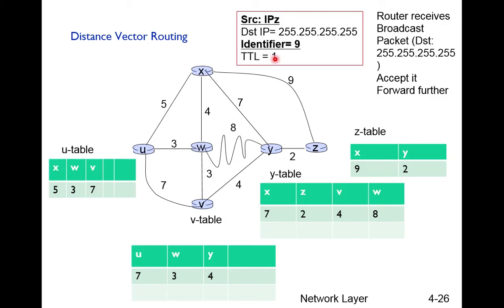When they decrement the TTL, it will become 0, so it will be discarded, because whenever a packet's TTL value is 0 or less than 0, that packet should be discarded. We have already discussed it in the IP header.